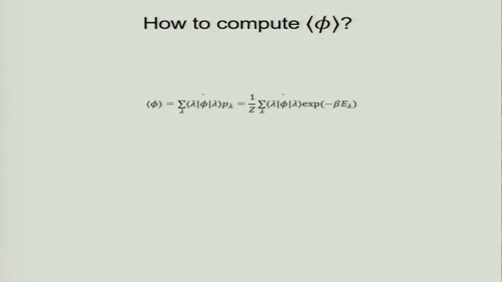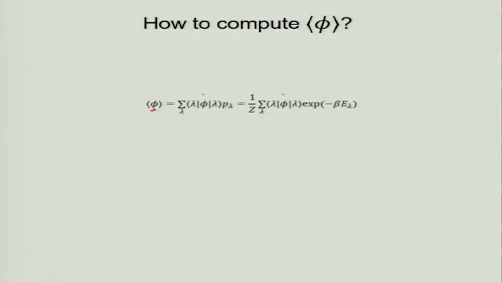But we will have to compute averages of some functions. For example, for Ising spins we have the average magnetization. So, we have some quantity phi, and I can compute the expectation value of phi. How do I do it?